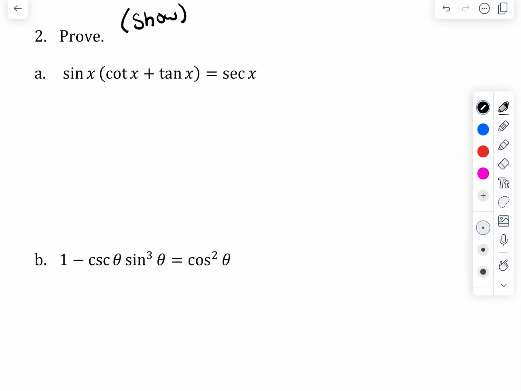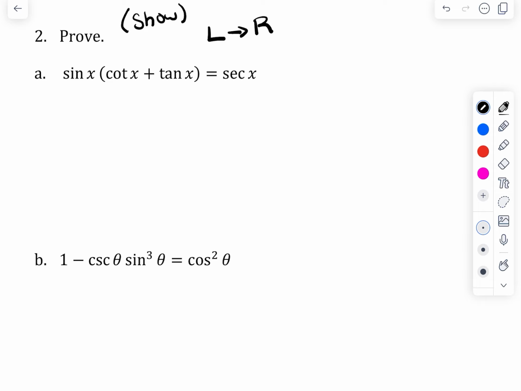So I have the left-hand side, which is this guy, and I have the right-hand side, which is this guy. Normally, the go-to is to always work with the side that has more going on with it, because you will be able to manipulate it more. So I think the left-hand side has more going on for it. So I will write at the beginning that I'm going to go left to right.